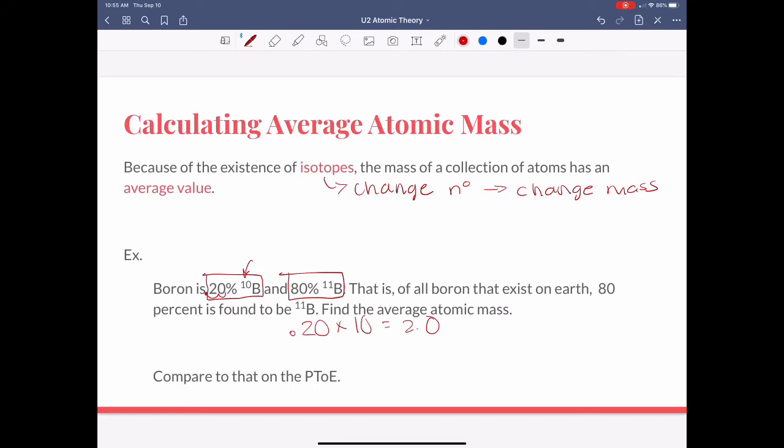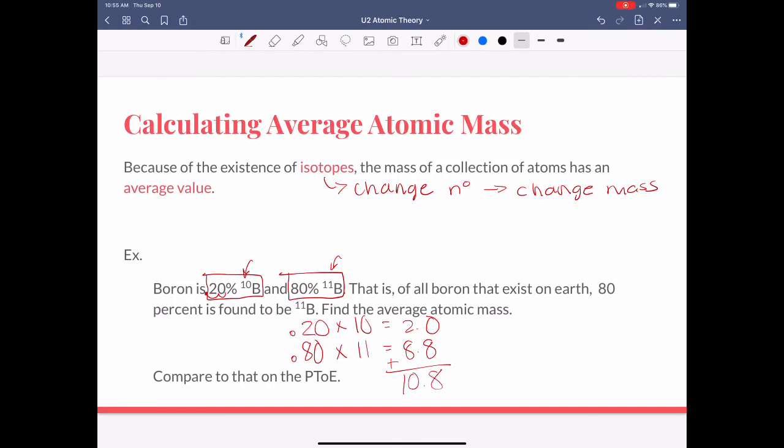Then the second one, I would have 0.80 times 11, because that's the mass of my second isotope, which equals 8.8. And then step 2 tells us to add those 2 products together. So then I would get 10.8.